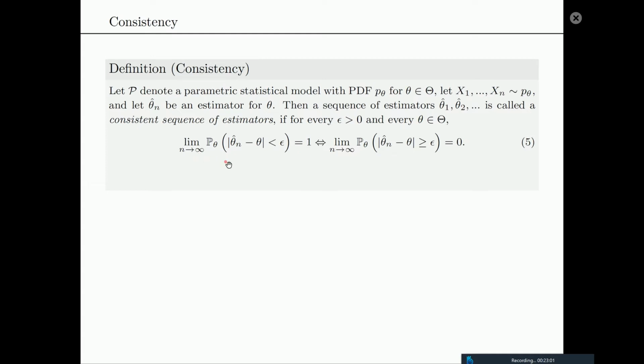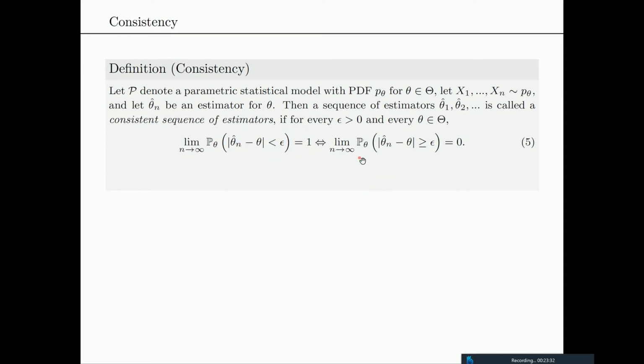The important thing here is that you talk about probabilities. You talk about the probabilities of the event that the estimator theta hat n deviates from the true but unknown parameter value by a really small value epsilon that you can make smaller and smaller. It needs to be larger than 0, but you can make it smaller and smaller. This sequence of probabilities tends to 1.